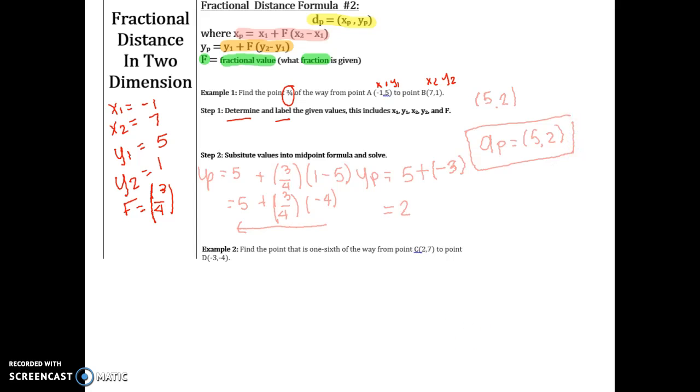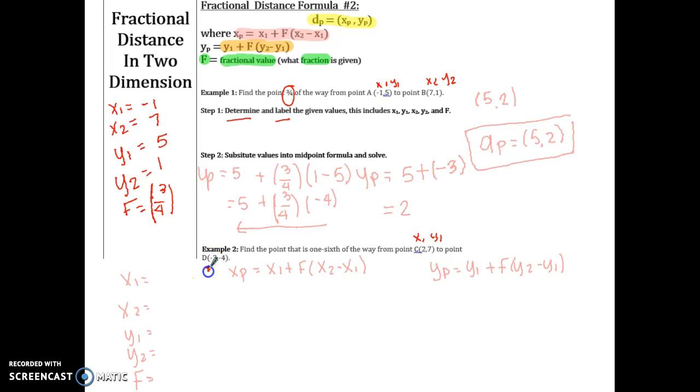So for number 2, let's go ahead and write our equation and our values. So pause this video and go ahead and fill those out. Alright, so I have the x1s over here, the equations over there, but first we have to label our x1, y1. So let's say this is x1, y1, and this is x2, y2.